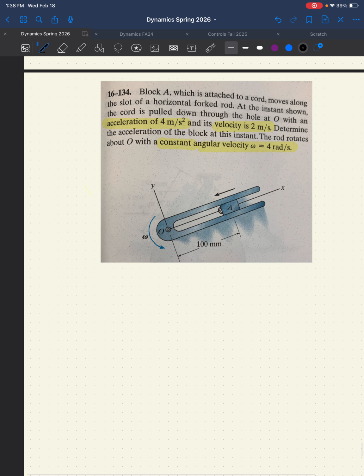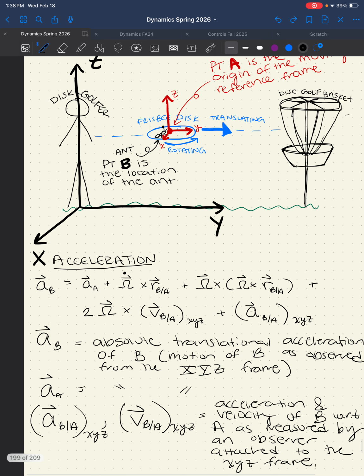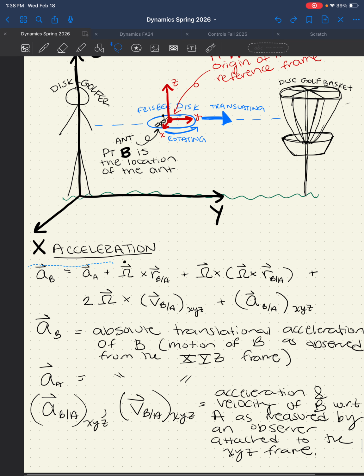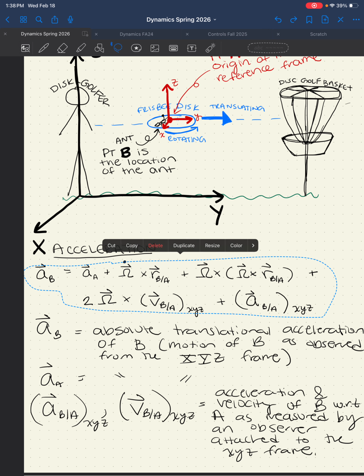And I have this problem where I have multiple rigid bodies, and I know some things about the forked rod, but I'm being asked about this separate rigid body A. So these two things are not on the same rigid body, and that's what clues me into using the equations from today. Okay, so I'm going to go grab this acceleration equation.